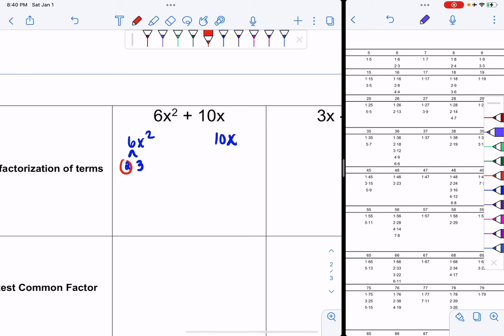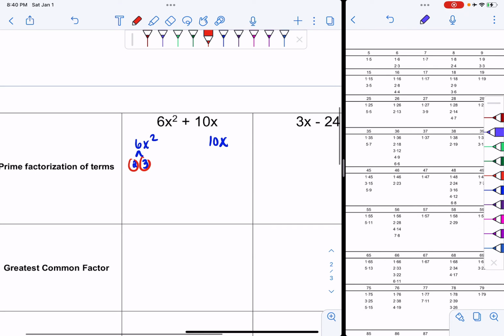And I can't break that apart anymore. So I would say 6x squared is equal to 2 times 3, and then I would write 2 x's. But one thing that Miss Daniel and I would like you to do for all these examples here at BYW is to always write a times 1 at the very end.